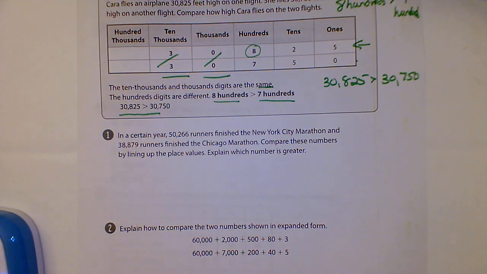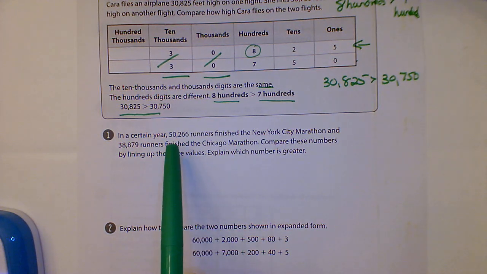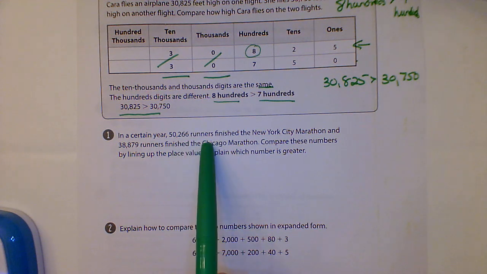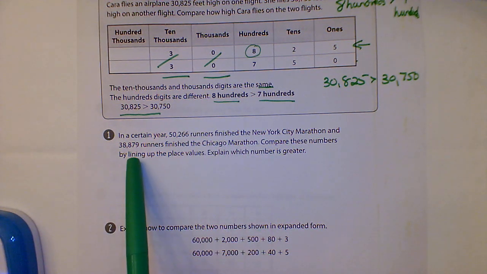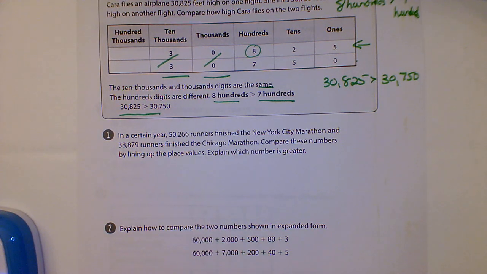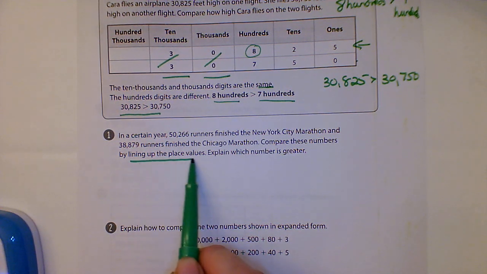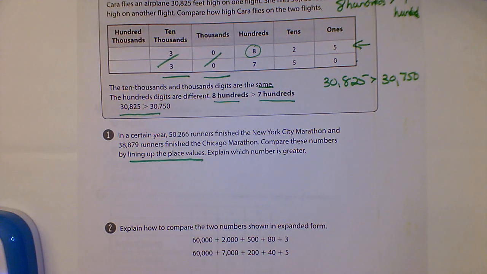So for the next problem, it says that in a certain year, 50,266 runners finished the New York City Marathon, and 38,879 runners finished the Chicago Marathon. Compare these numbers by lining up the place values. Explain which number is greater.